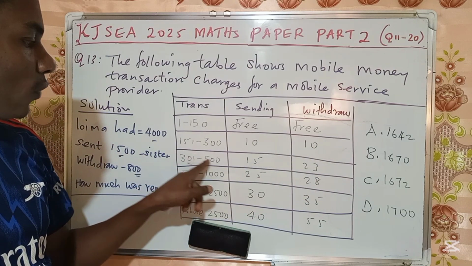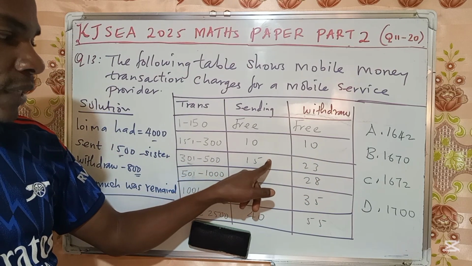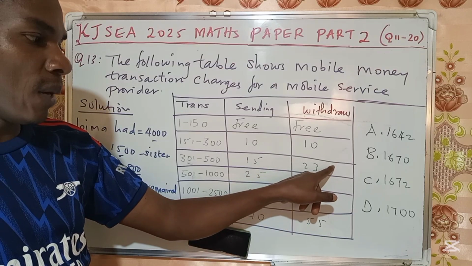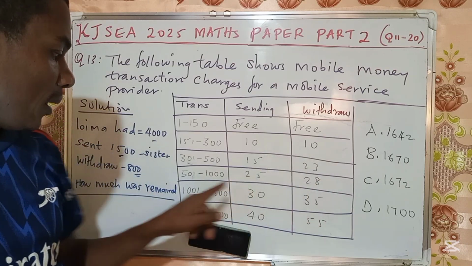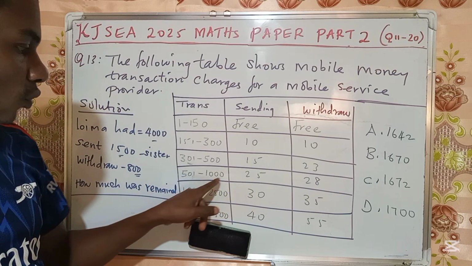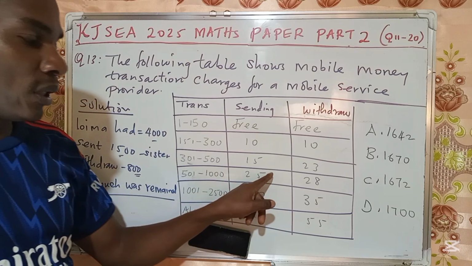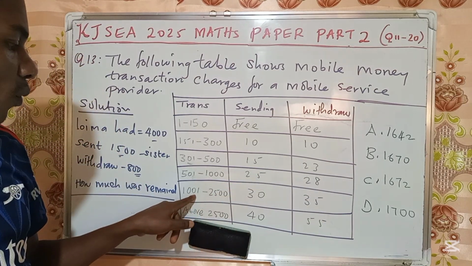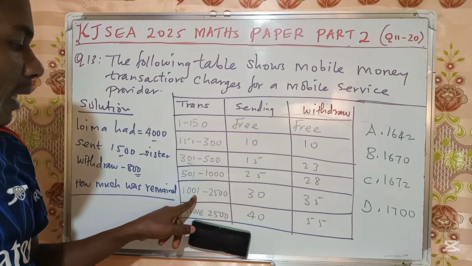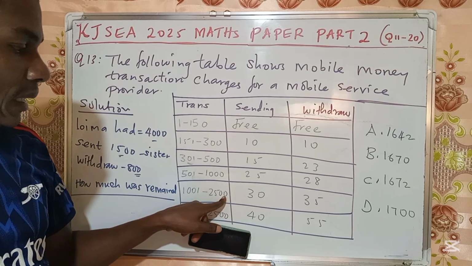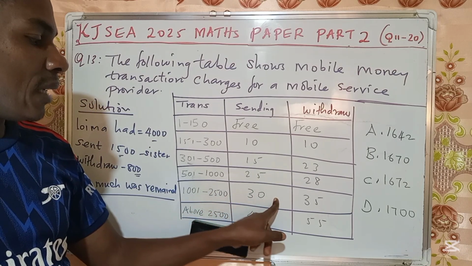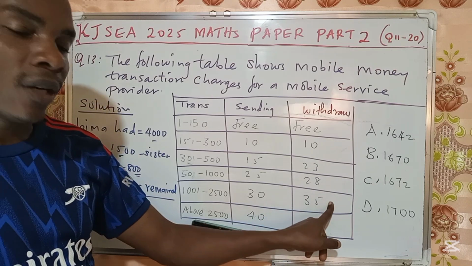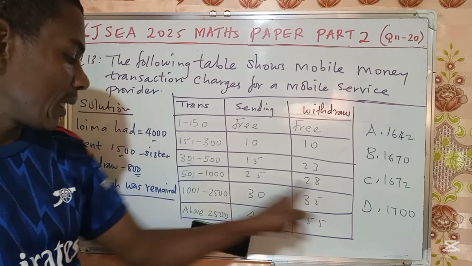Then 301 to 500, you send with 15 shillings, you withdraw the same amount of money with 23 shillings. Then 501 to 1,000, you send with 25 shillings, you withdraw with 28 shillings. Then 1,001 to 2,500, you send the money with 30 shillings, but withdrawing, you withdraw with 35 shillings.